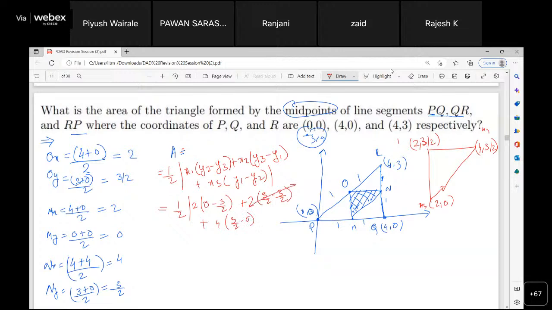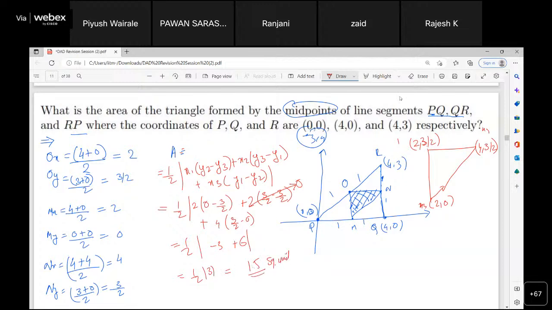So what am I getting? 1 by 2 into minus 3 by 2 into 2, that is minus 3, plus 4 into 3 by 2, that is 6, right? So it will be 1 by 2 mod of 3, it will be 1.5 square unit, right?